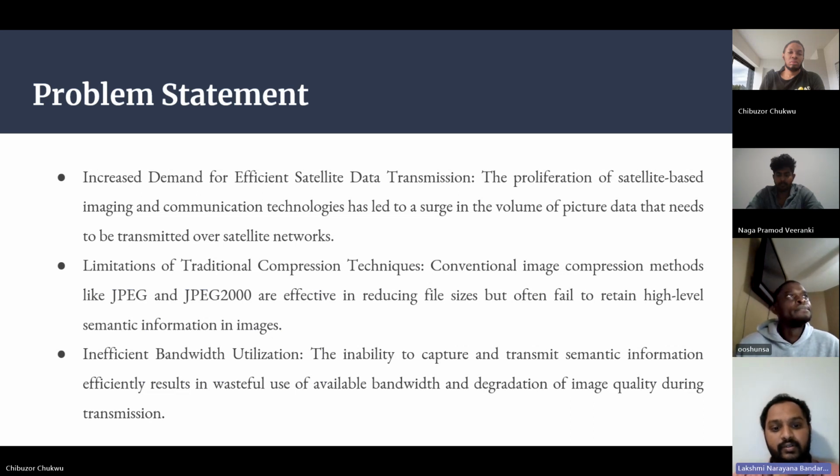Inefficiency of bandwidth utilization: the inability to capture and transmit semantic information efficiently results in wasteful use of valuable bandwidth and degradation of image quality during transmission.